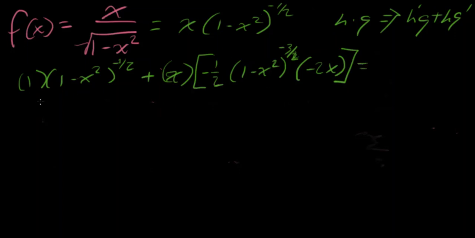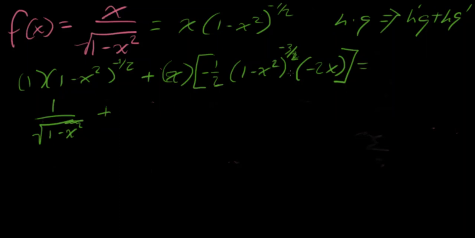So now let's rewrite this. This part, if we're to a negative 1/2 power, this is equivalent to 1 minus x squared to the positive 1/2 if it's in the denominator. So here we have that 1/2 in the denominator. Okay, now over here we've got a negative and a negative.